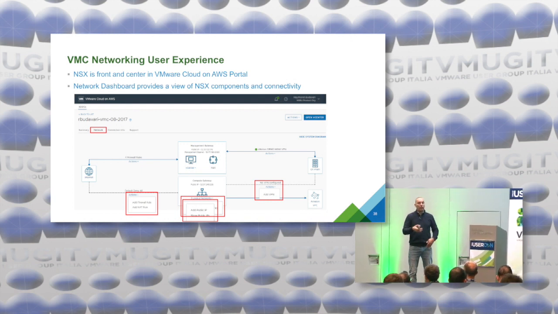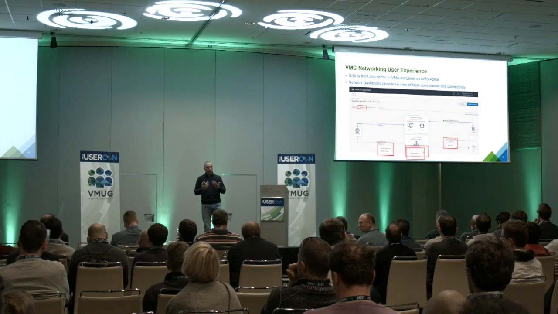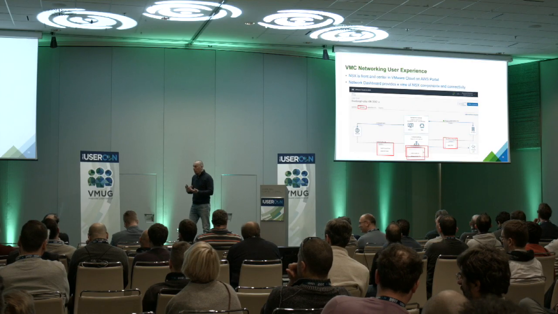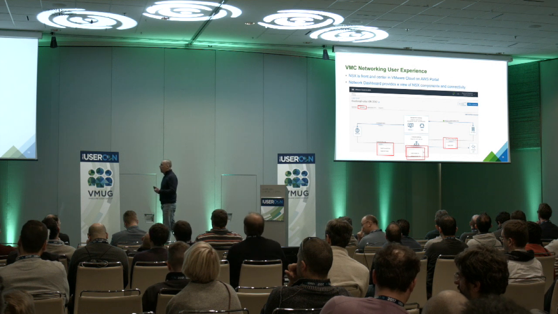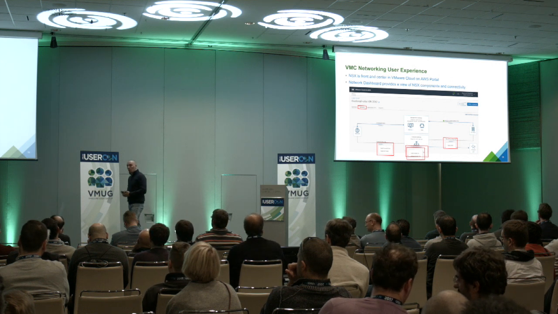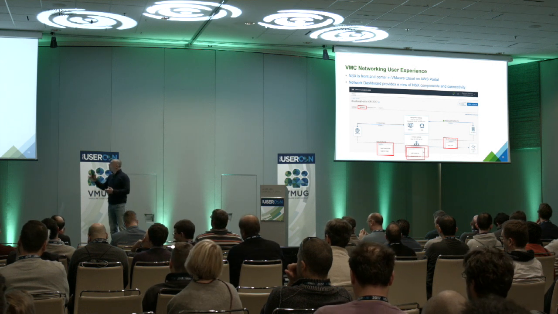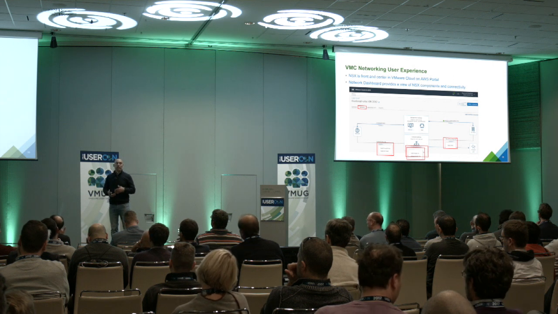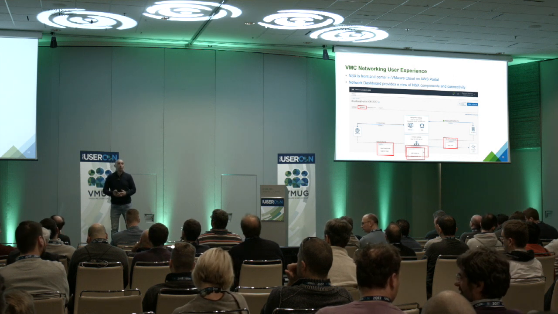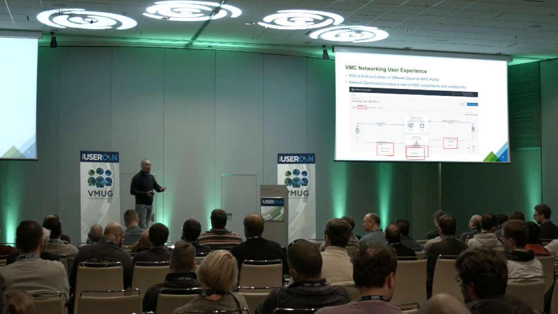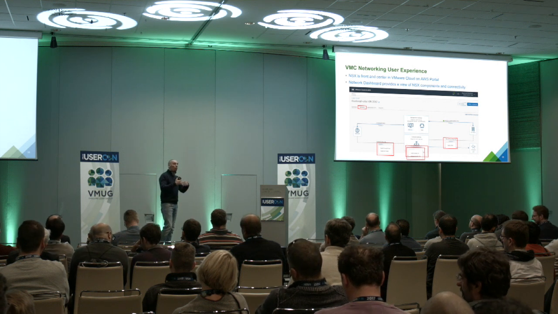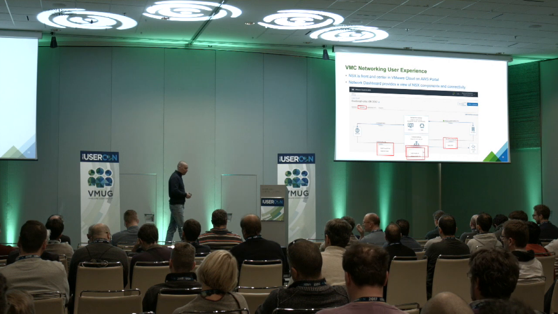You can do this first, then start to get easy and understand NSX, and then go further than this. This is what we like to call simplified mode. In a future release, we're going to allow you to toggle to advanced mode, and that allows you to create a full NSX environment.